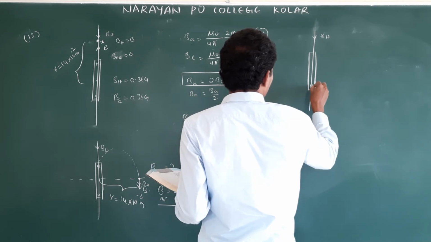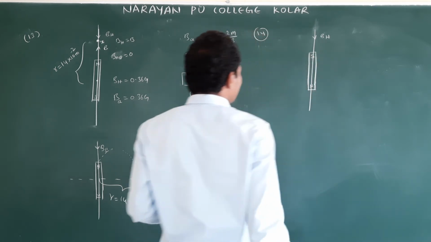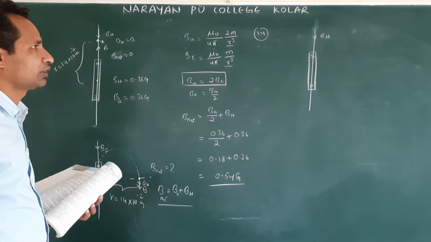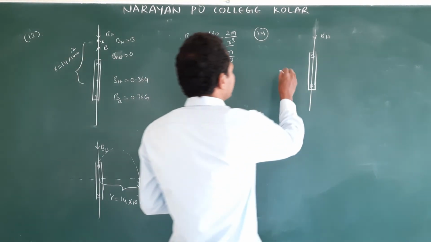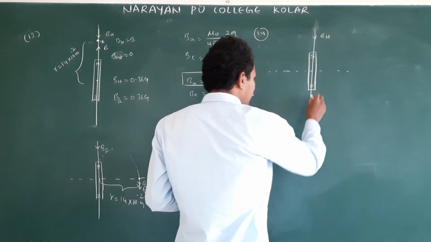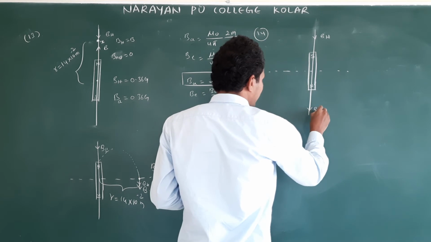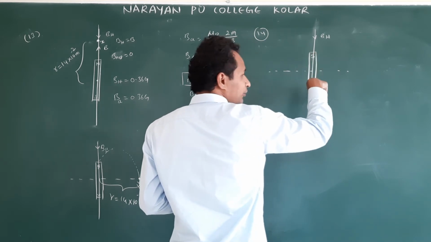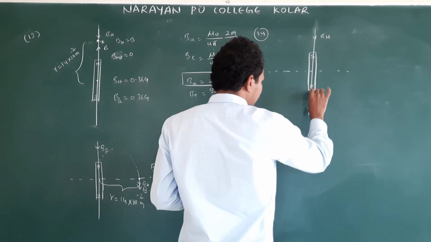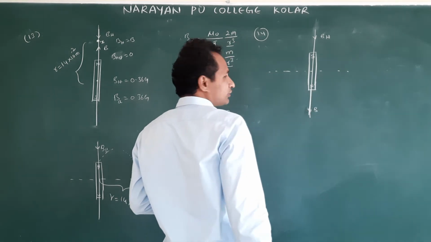This is north, and this is the 180 degree turn. Completely reversed. Clear? So BH is acting in this direction, and B acts in this direction, because the field due to the magnet is in the downward direction, right?